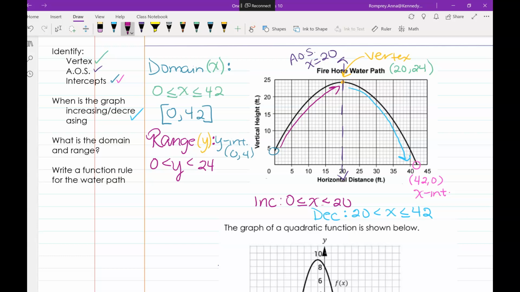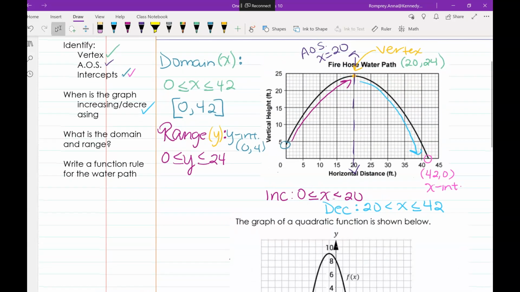And that range is including, it does hit the ground and it does hit the 24 feet. And we can write it in interval notation from 0 to 24. I am not picky in a testing situation how you write it, unless there are specific directions that say write it using interval notation or write it using set notation. Okay, so domain and range, check.